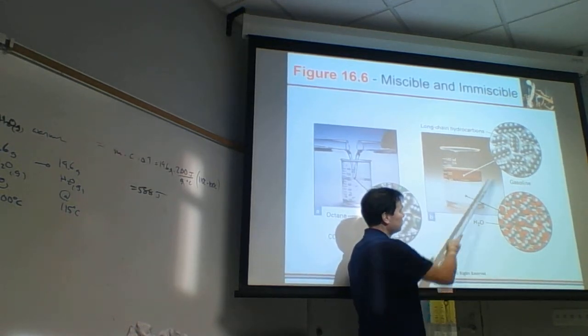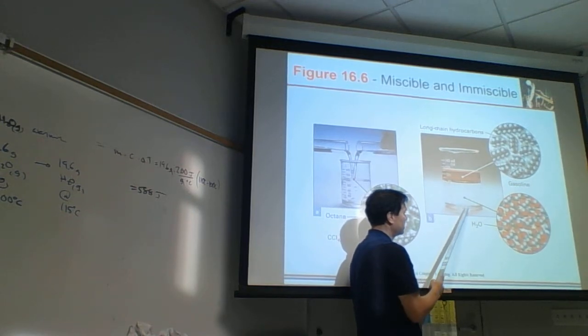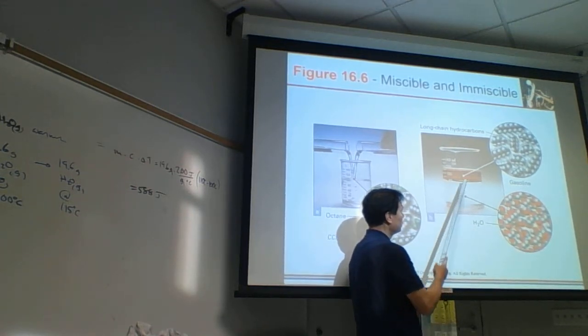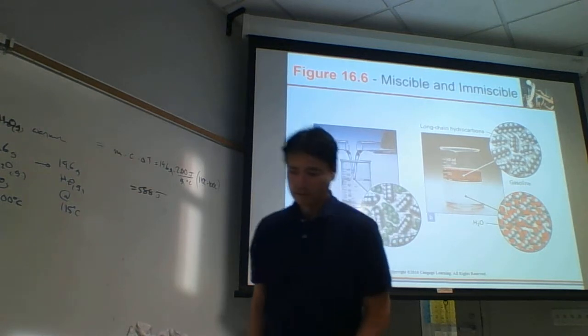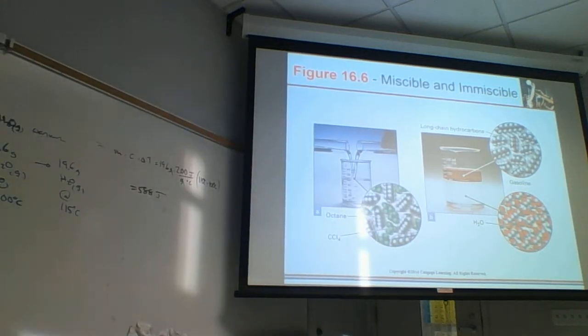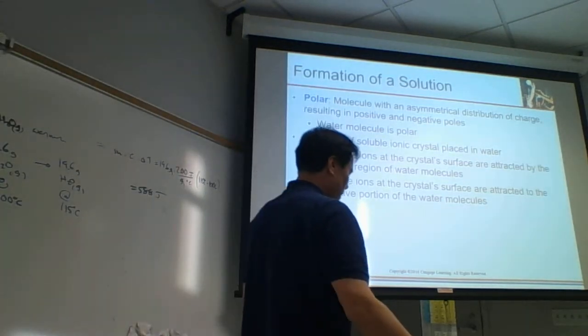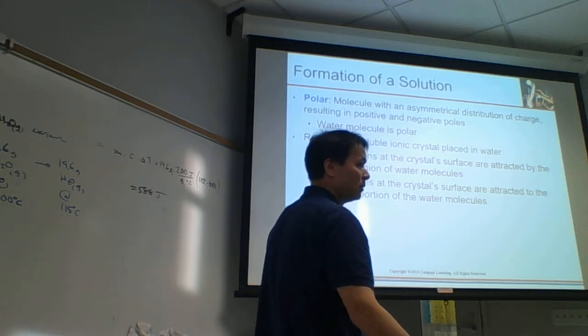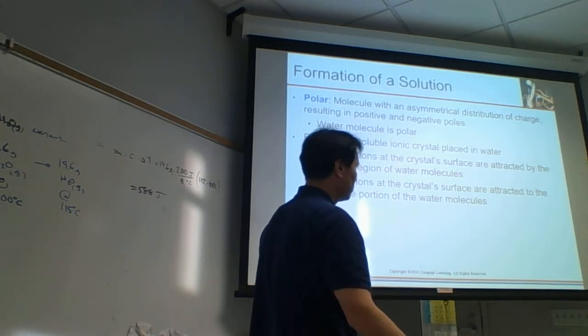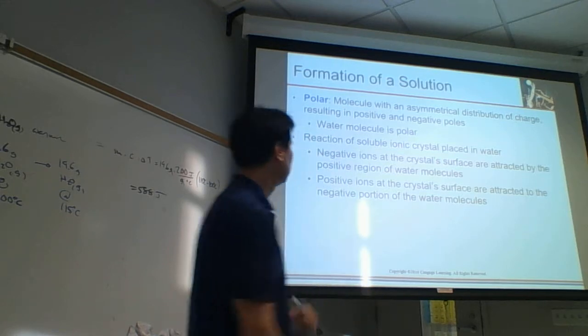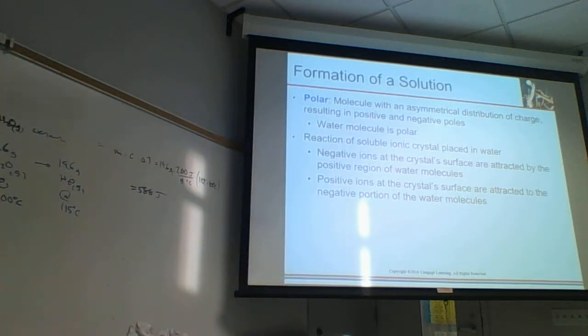Carbon tetrachloride is heavier than octane, so the carbon tetrachloride sinks to the bottom rather than floating on the top. So in order to determine solubility, we just need to know, is it polar or non-polar? Polar likes polar, non-polar likes non-polar. Non-polar and polar don't like each other. So that's to sum up this slide. Like dissolves like is the net result of this slide.